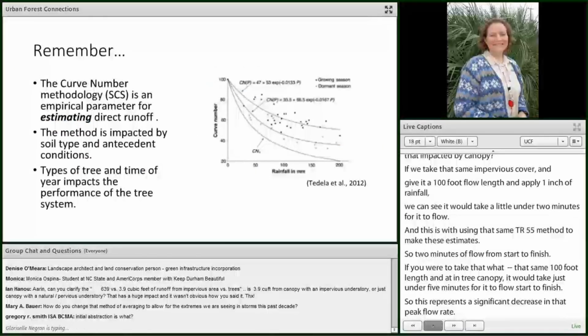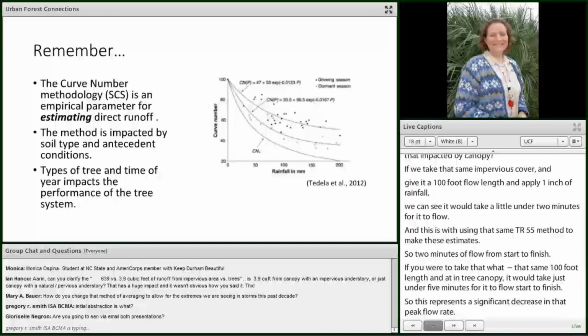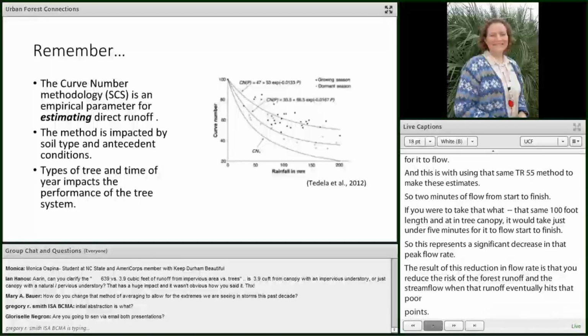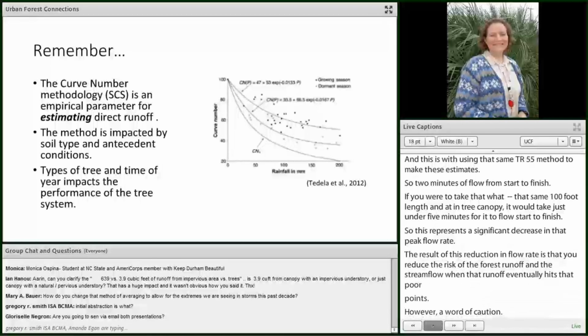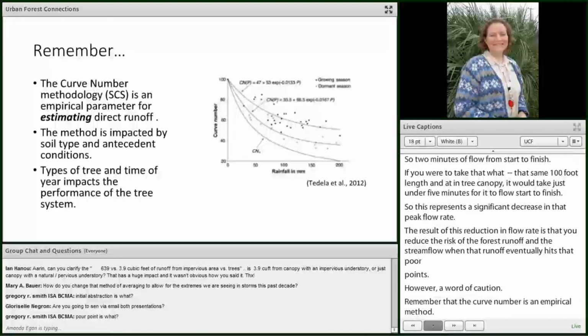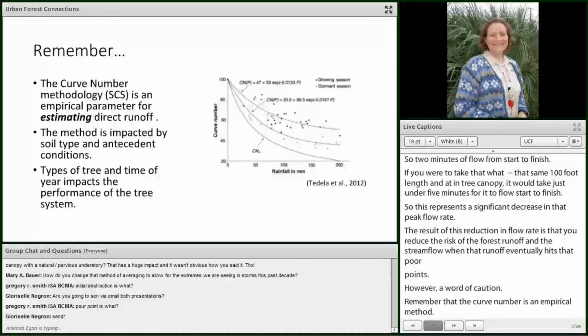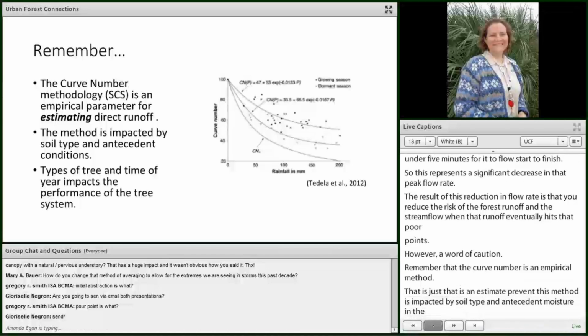Remember that the curve number is an empirical method. That is just that. It's an estimate. And this method is impacted by soil type and antecedent moisture conditions. And the performance of trees is going to vary throughout the year and by the type of tree. So the designer is going to need to modify their estimates to be on the conservative side to account for all of these variables.